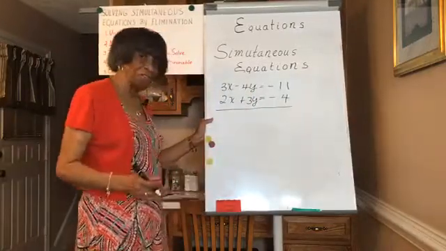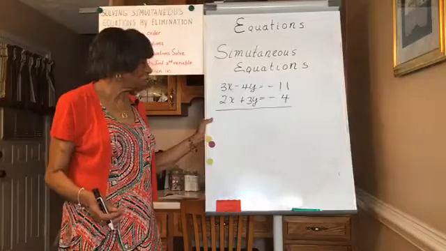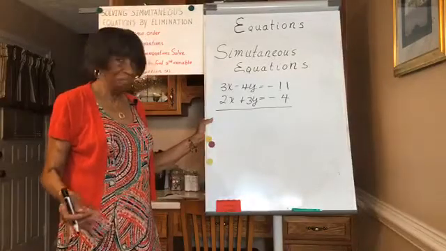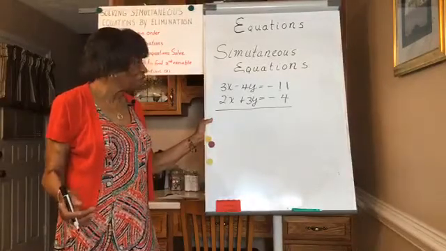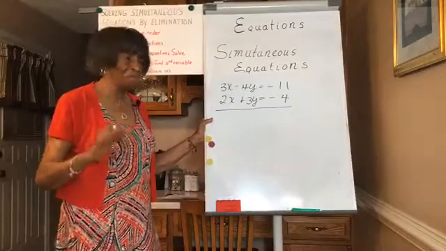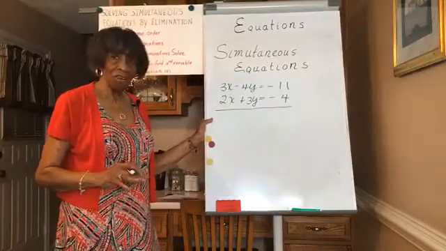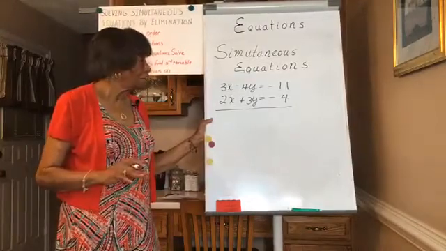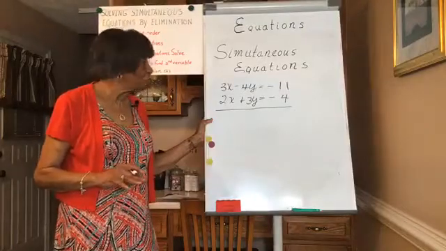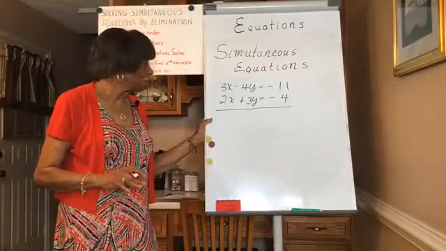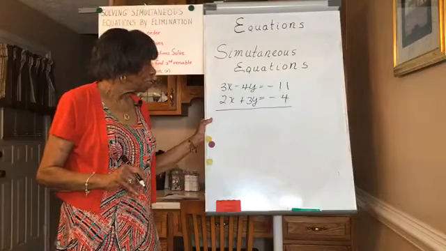So you decide which one you want to eliminate, the x's or the y's. But remember, this time you're going to have to multiply both equations in order to get one of the variables to be eliminated.